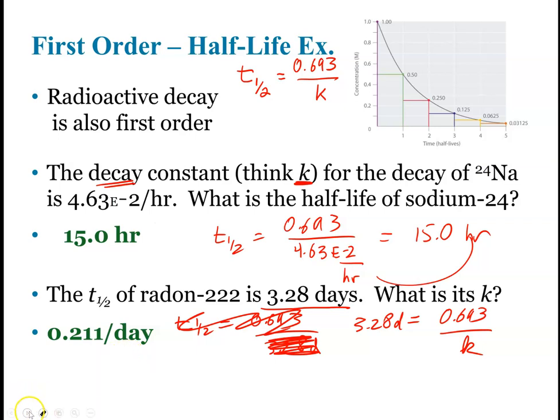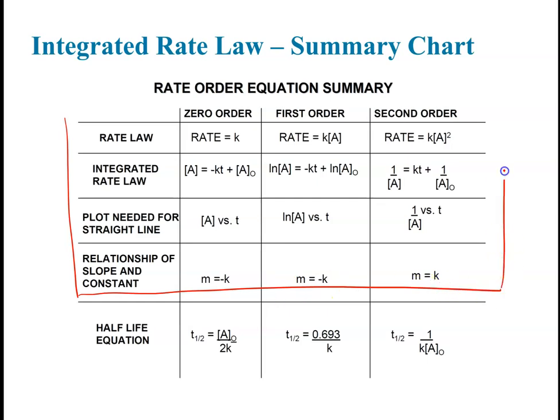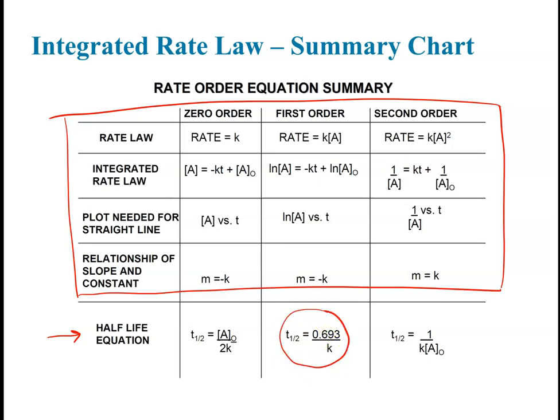Okay? And again, last, let's look at the summary slide. We saw the summary slide before when we were talking about integrated rate laws. Let's look at this last line. Again, these would be equations that would be given to you. For first order, the half-life is constant, it is not concentration dependent.